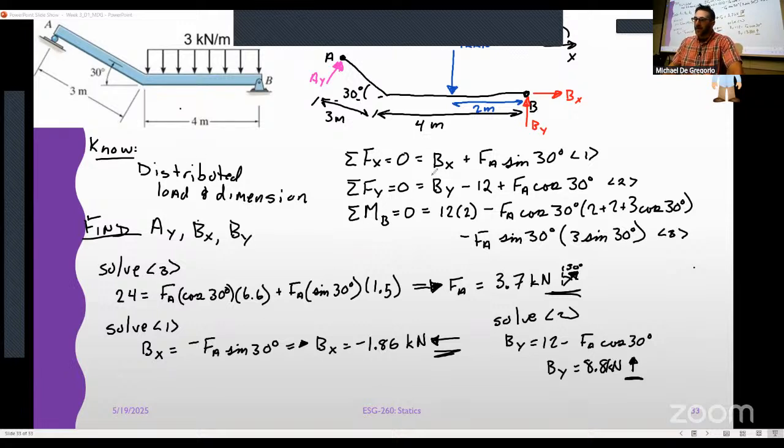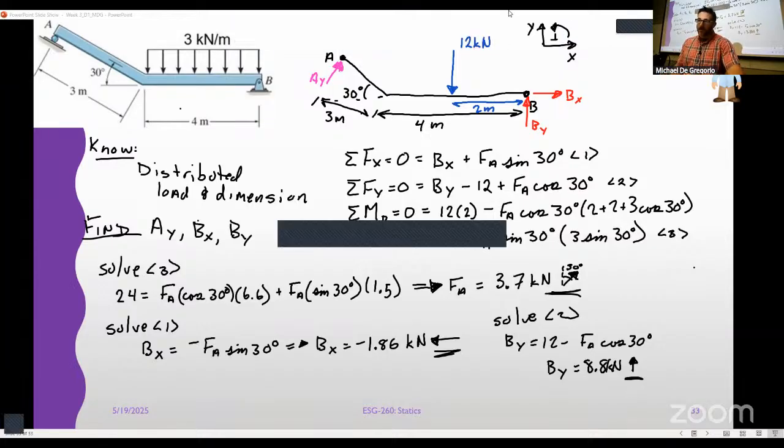Break your things down. The big thing here is making sure that if we set a coordinate axis, if we say sum the forces in the x, that means in this direction, right? If I had angled this along A, then you would have had to give me components of 12 kilonewtons in the x direction, right? And Bx and By, same deal.